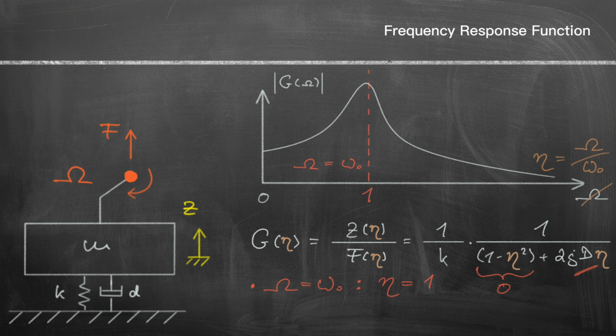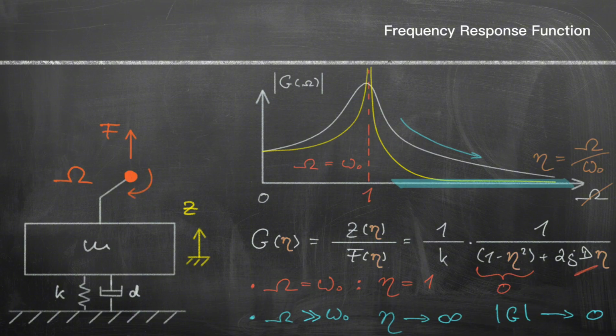In the real world, every system does have damping, for example due to friction. However, in modeling, you can recognize damping that is too low by very sharp and narrow peaks in the amplitude plots. When the excitation frequency approaches infinity, the denominator also approaches infinity, and therefore the amplitude amplification approaches zero.